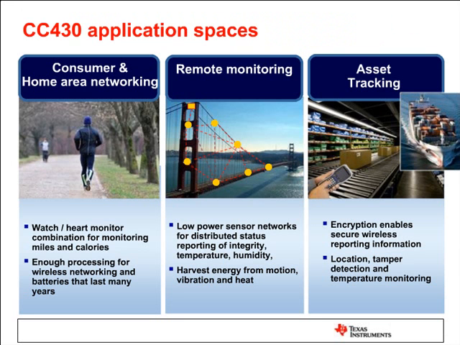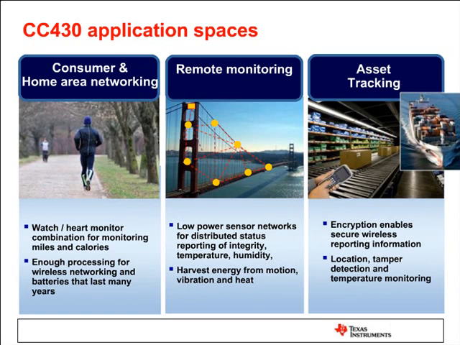So some of the different application spaces that we see for the CC430: consumer and home area networking. So there you have a guy running down the street, wherever, a park, I guess, and he's got a CC430 in his watch, for example, and it's communicating with a chest strap, or it's communicating with an accelerometer that he has tied to his foot that tells him distance and speed and all those things.